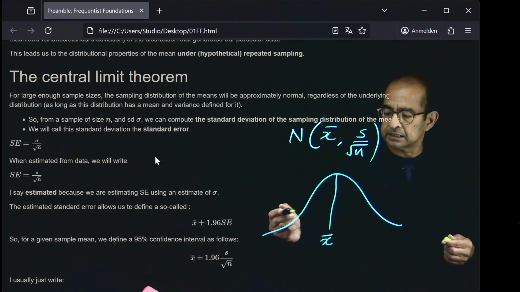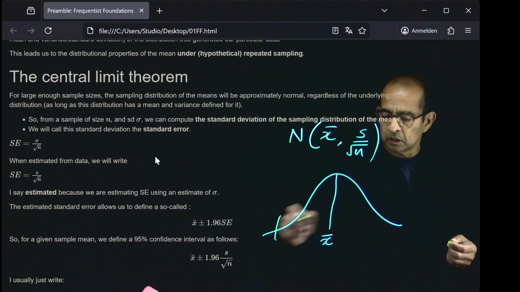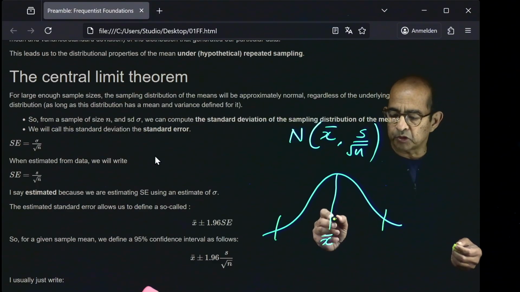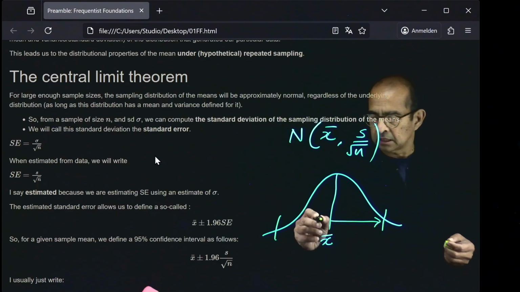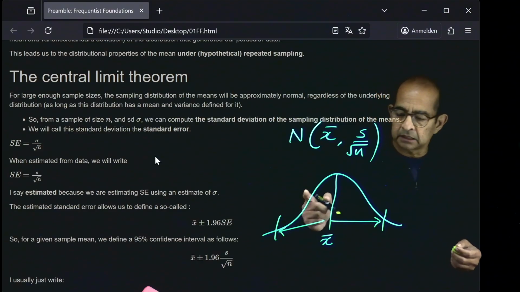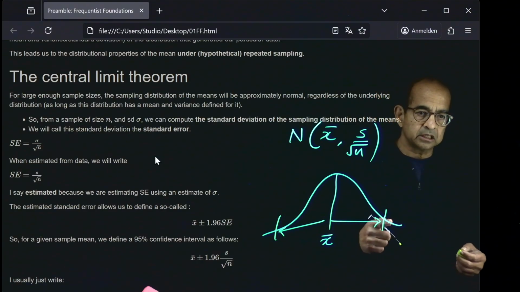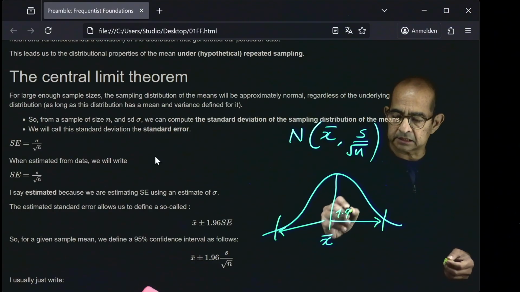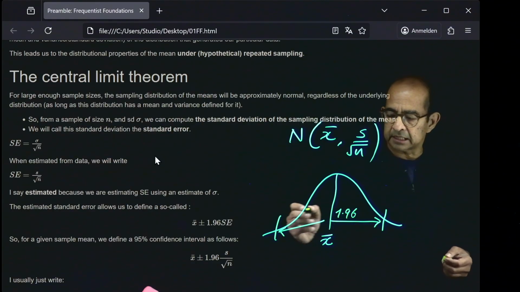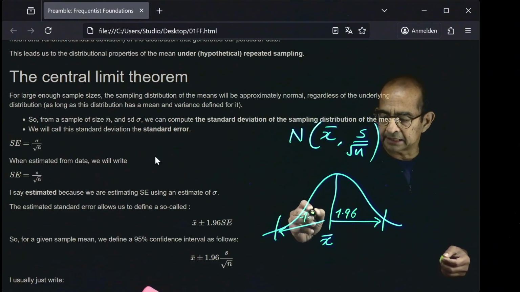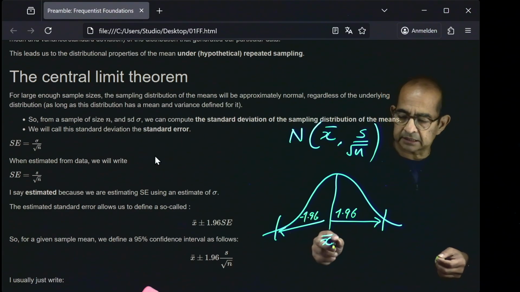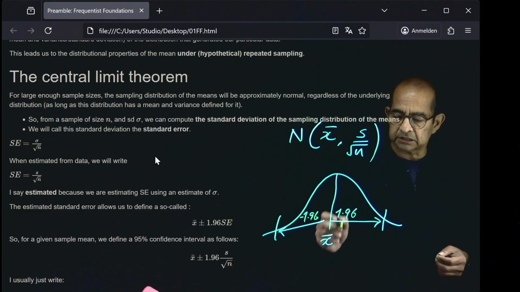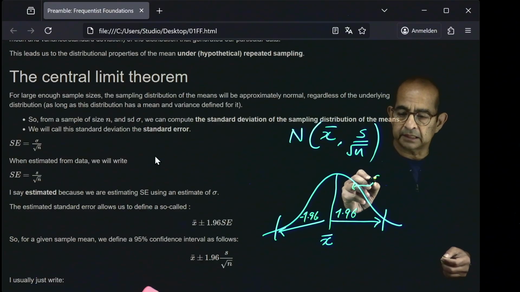If you go plus or minus 1.96 times the standard deviation to the left and right of the mean of the distribution, 1.96 times in this direction and minus 1.96 times in the left direction, we cover 95% of the area under the curve, right? This covers 95% of the area under the curve.